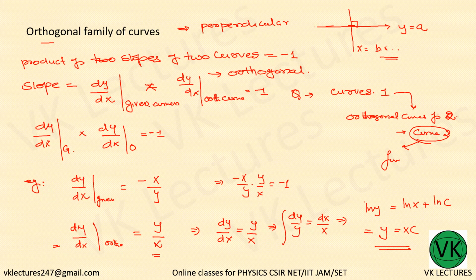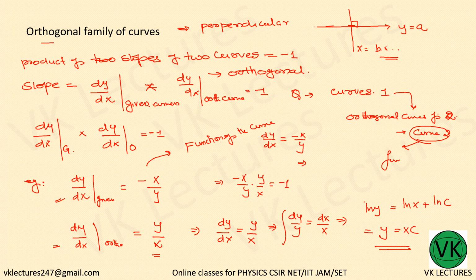Now from here you can find out the function of the given curve. This is the first derivative of the curve. So how will you get the function of the given curve? dy by dx equal to minus x divided by y. So y goes here, x here.